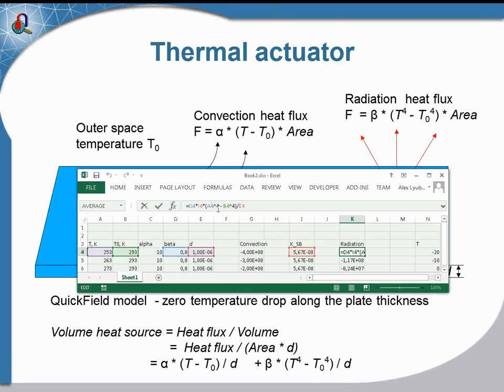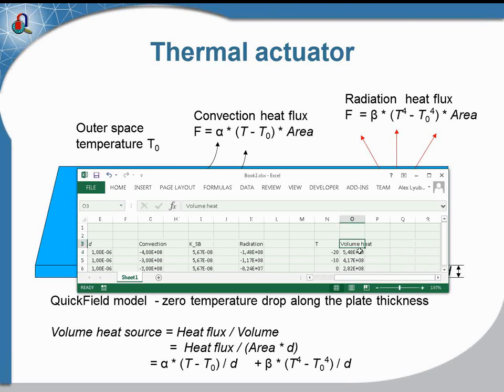This is the temperature in 4th power minus ambient temperature in 4th power, again divided by the plate thickness and multiplied by the beta coefficient and Stefan-Boltzmann constant. And this is the volume heat source, which is just the sum of convection and radiation heat fluxes.